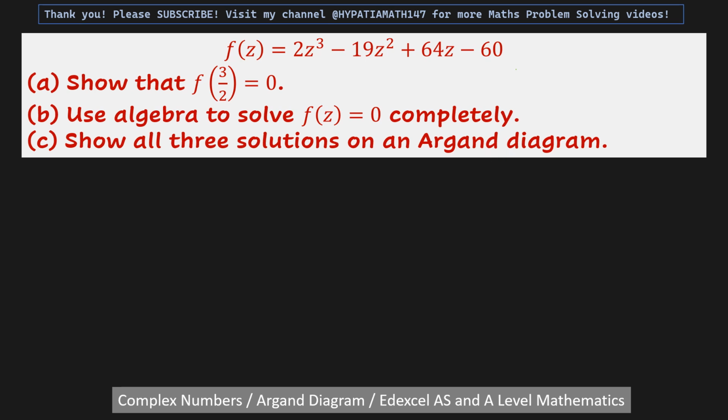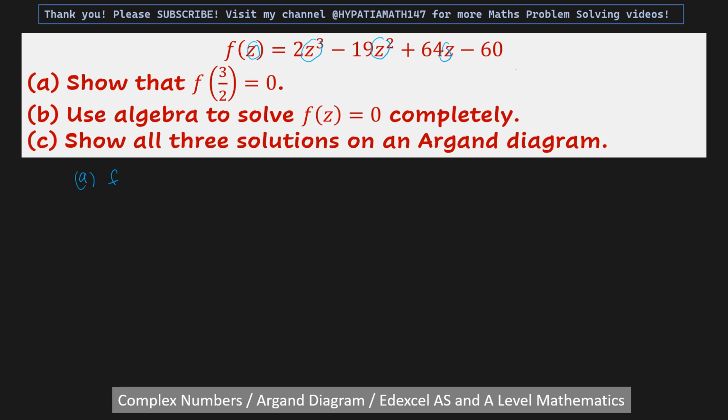So what we need to start with is, of course, part A. Just by putting 3/2 instead of z. So you put 3/2 in all these places, and let's see if we get 0.